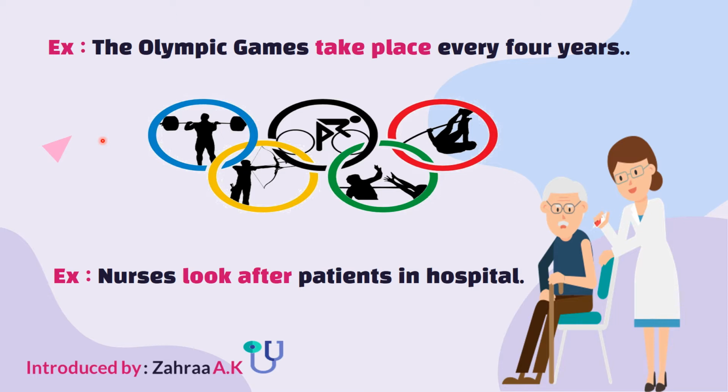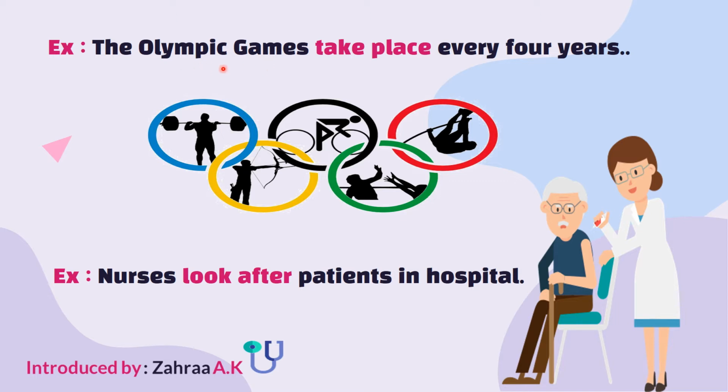So how about plural? لكن ماذا عن إذا كان الفاعل جمع? Such as: the Olympic Games take place every 4 years. لاحظ the Olympic Games الألعاب الأولمبية, games not game.